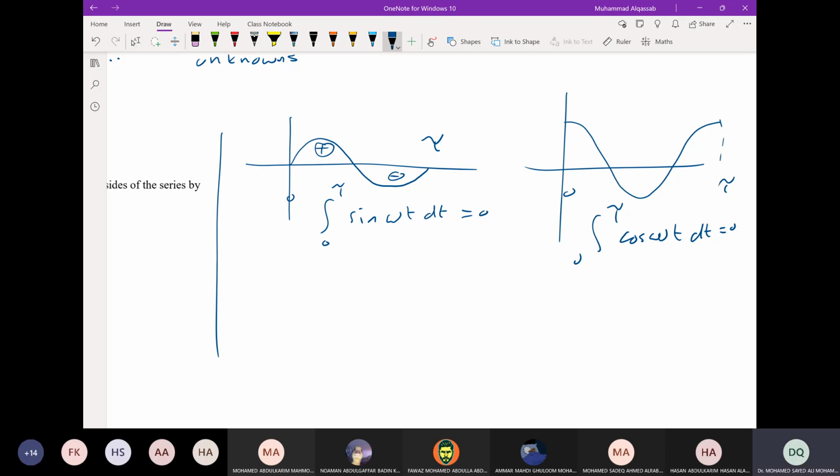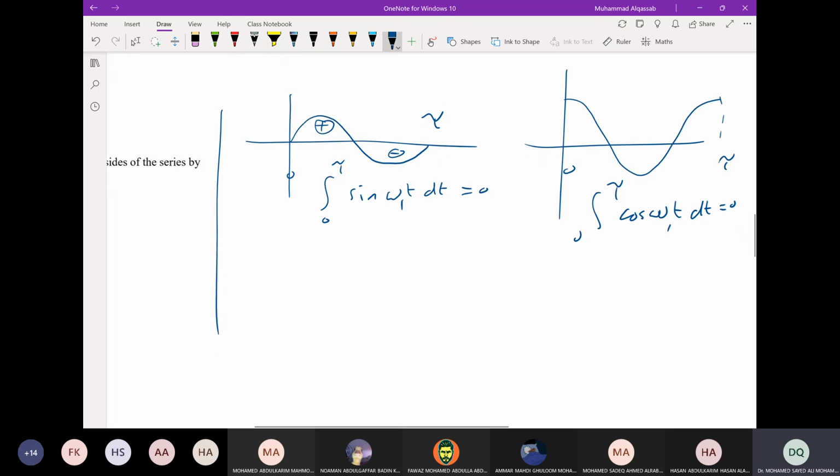Now let's say this is omega 1. If you have omega 2, it means 2 omega 1. So within this period, you will have 2 cycles of sine. So this will be the integration of sine omega 2, which is 2 omega 1 t dt, from 0 to tau.